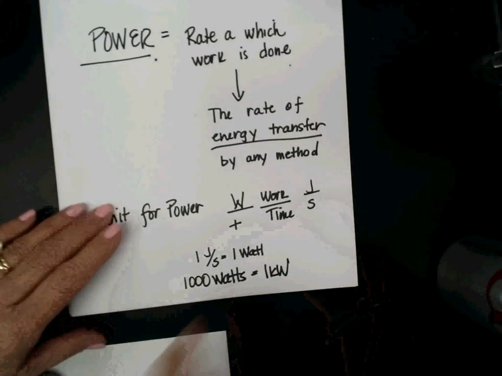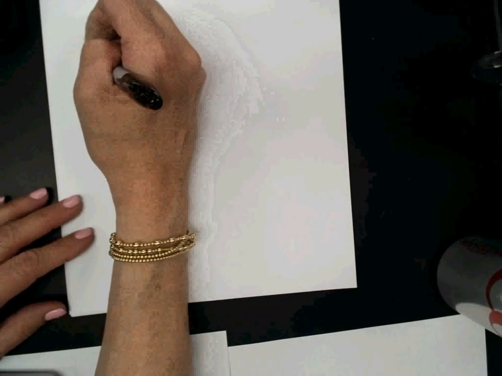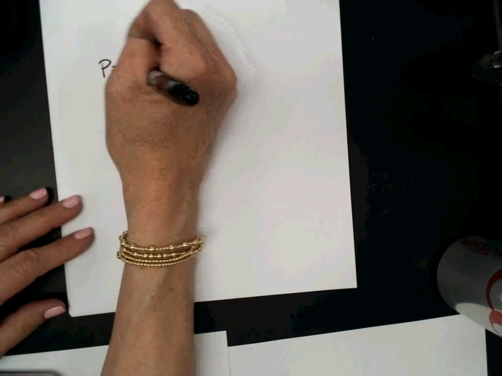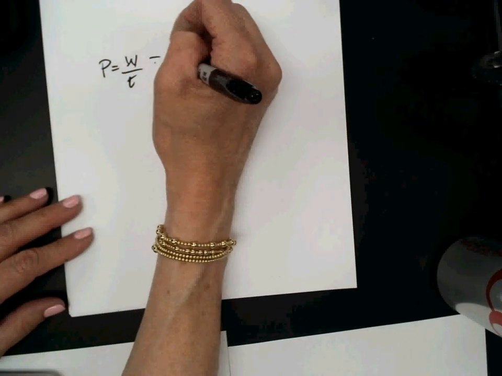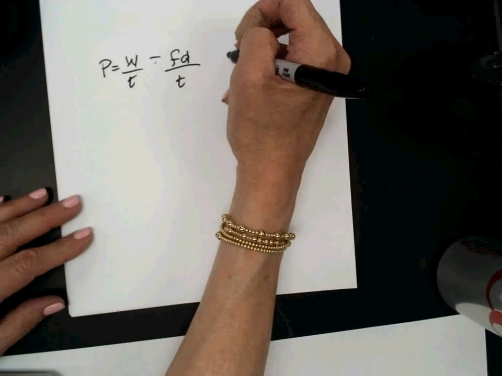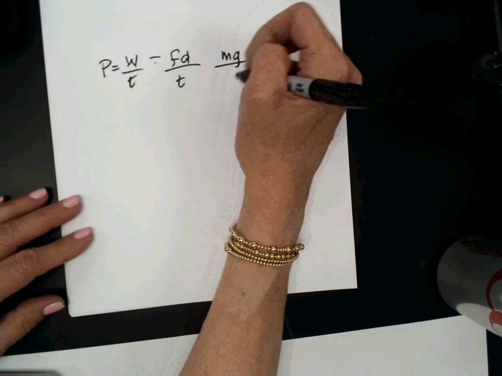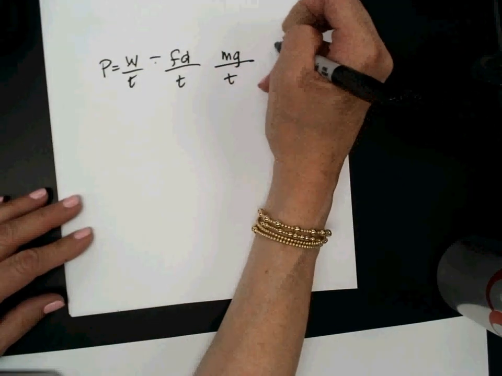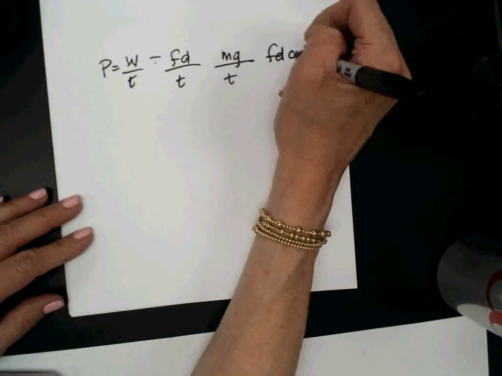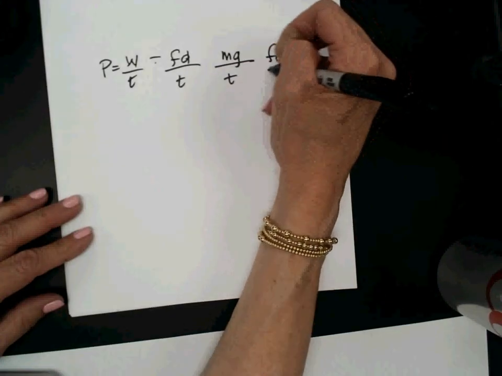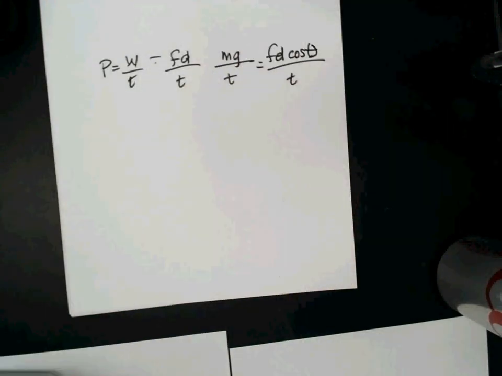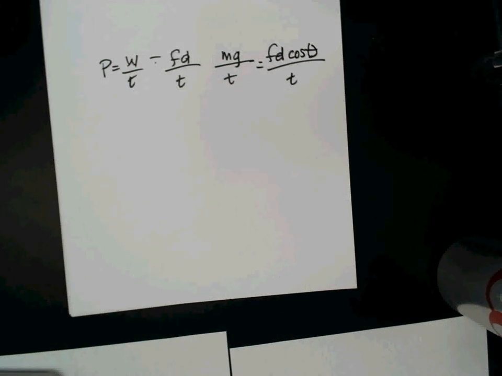So really, honestly, there's 2 formulas you might have to use for power. P equals W over T, which remember that could be Fd over T, it could be mgh over T, it could be Fd cosine theta over T. Got to remember all the variations.